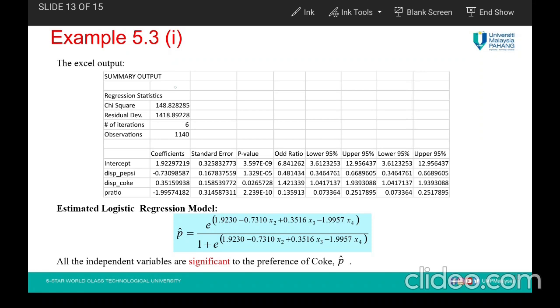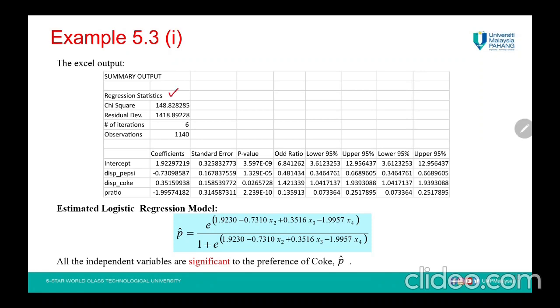The output consists of regression statistics and the coefficient table. From the coefficient table here, we can get the estimated values for the coefficients of the parameters. For example, the coefficient of the intercept gives us the value for B1.